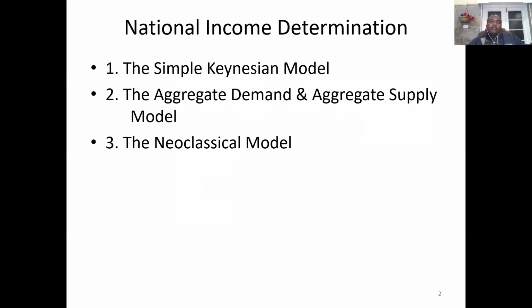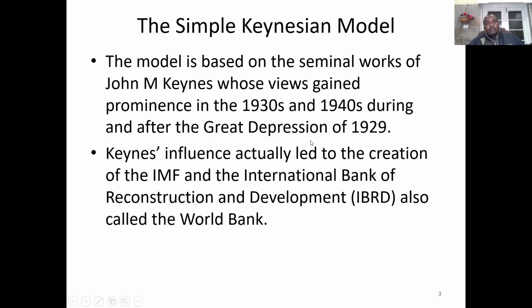But after covering the simple Keynesian model, we transition to the aggregate demand, aggregate supply model. And we'll also look at the neoclassical model. The simple Keynesian model is based on the seminal works or the celebrated works of the British economist called John Maynard Keynes, whose views gained prominence or currency in the 1930s and 1940s during and after the Great Depression of 1929.